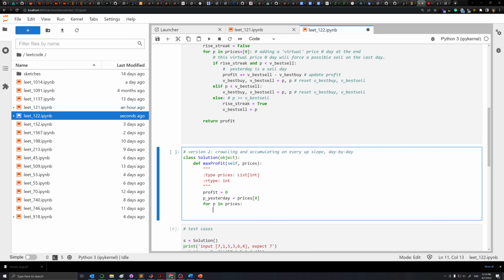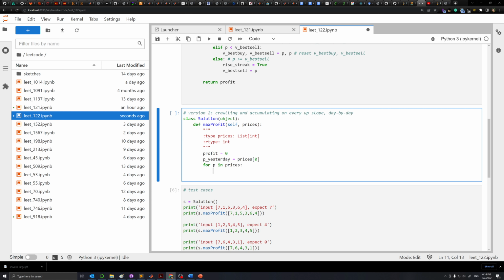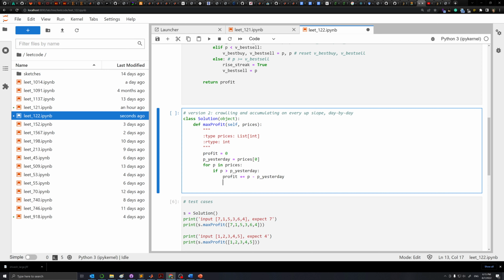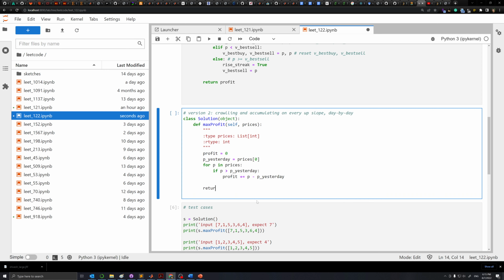Let's just give it a 0 to get it started. Okay. So if p is greater than p yesterday, then we're gonna sit on it and we're gonna say our profit is incremented by p minus p yesterday. We're gonna basically buy and sell every day. And that's it. And we're gonna just return profit.